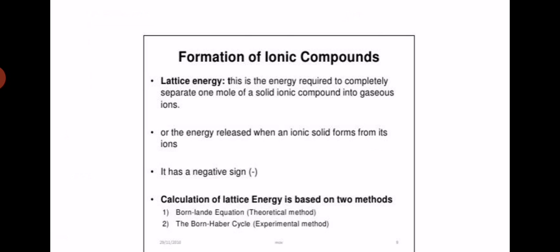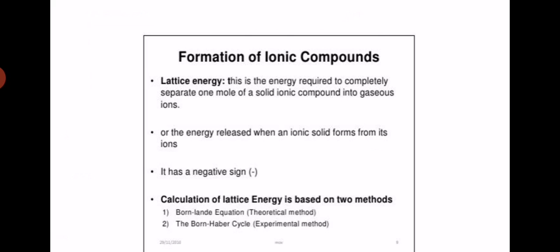For example, see the formation of sodium chloride. Sodium chloride has the cation and anion. Here the cation is Na plus and the anion is Cl minus.